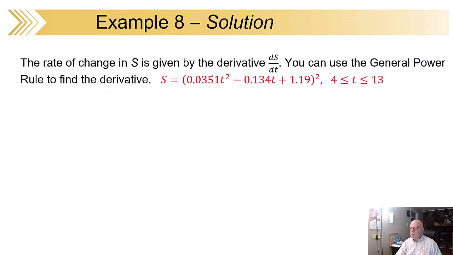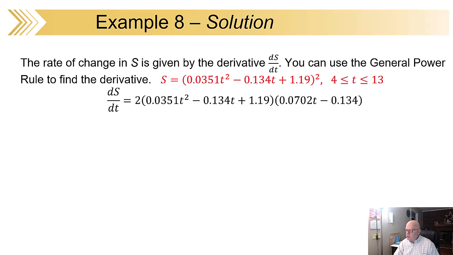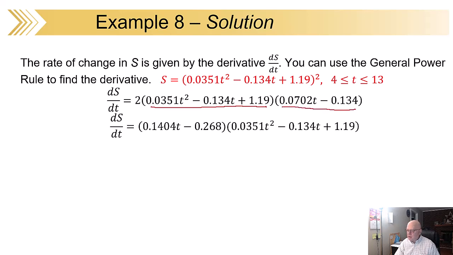Let's see. Here's our function. We're going to find ds/dt because the sales per share is changing. So we take the derivative. Notice we brought that 2 out front and we left this inside function alone. Then we took the derivative of the inside function. That's the chain rule.